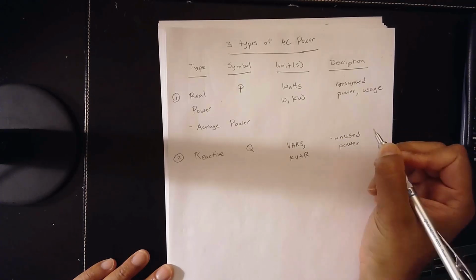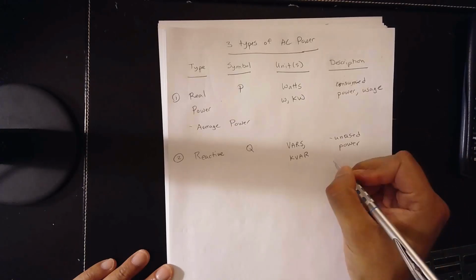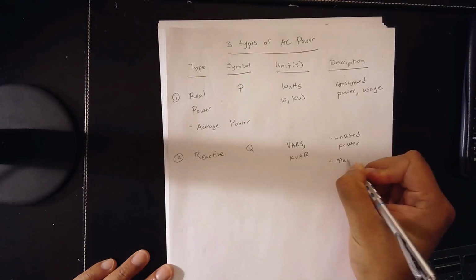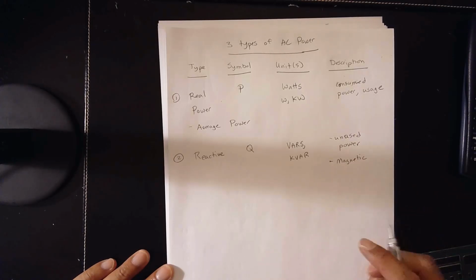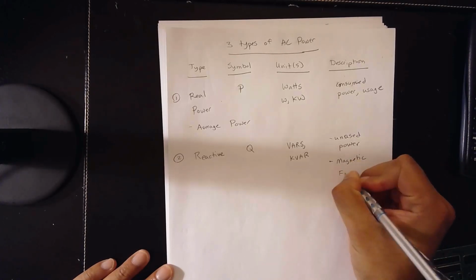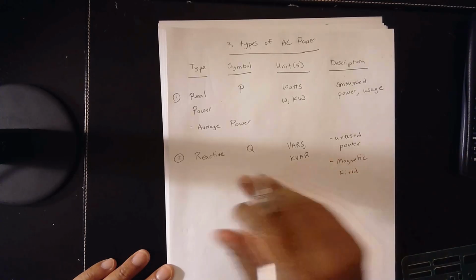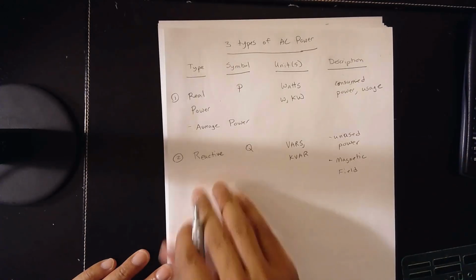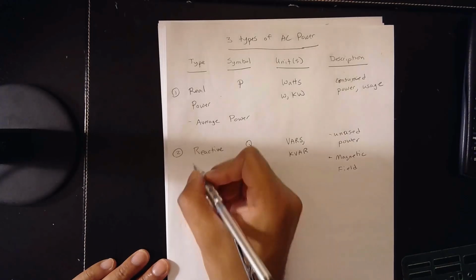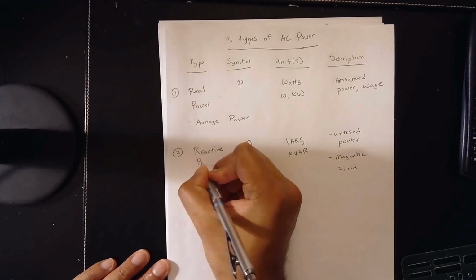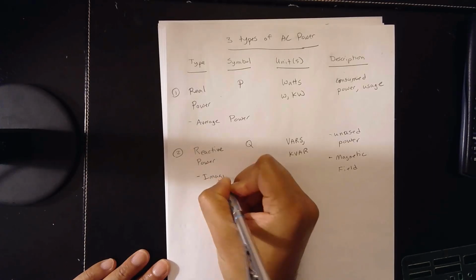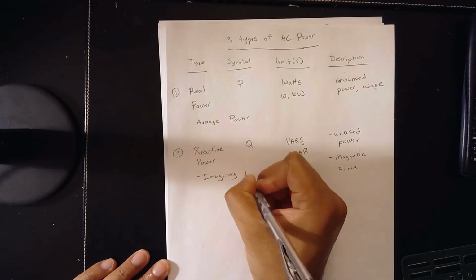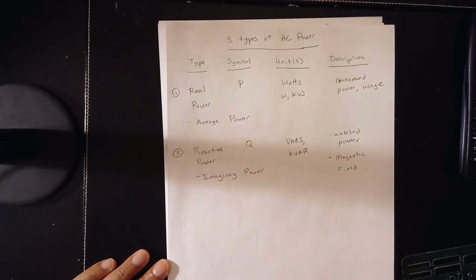It's created from the magnetic field. So when your electricity is running, generally it creates a magnetic field, and that magnetic field releases what you call reactive power. Another name for reactive power is imaginary power. You imagine you have that power, but you really don't.